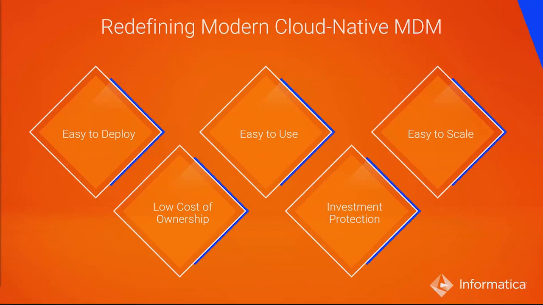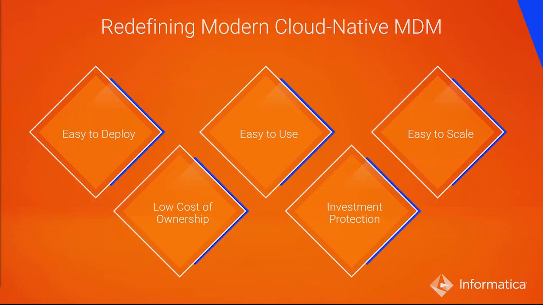C360 SaaS is designed on a flexible and modular microservices architecture that supports elastic scalability and exponential data growth to quickly adapt to changing business needs. C360 SaaS comes with all-in-one best-of-breed data management capabilities, including data quality, business process orchestration, and reference data management.